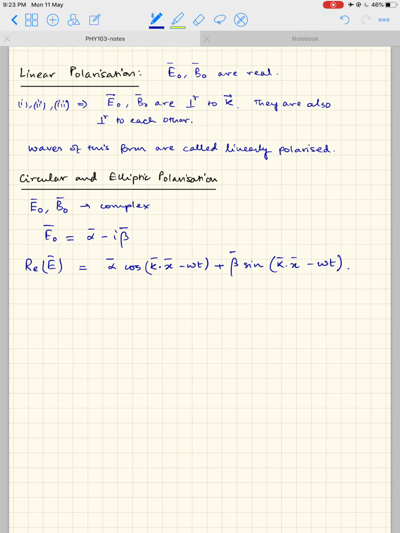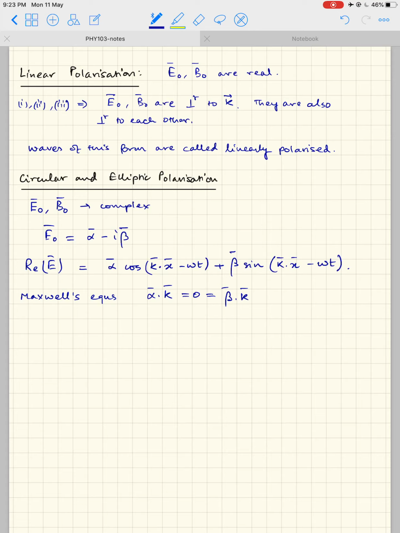And Maxwell's equations give you alpha dot k is equal to 0, as is beta dot k.